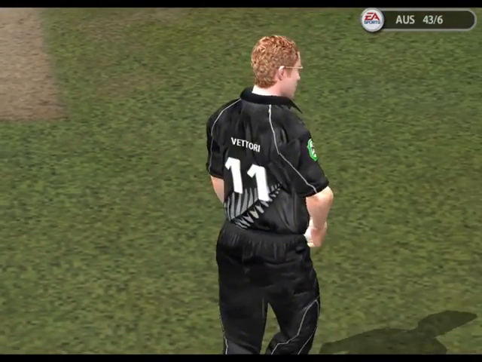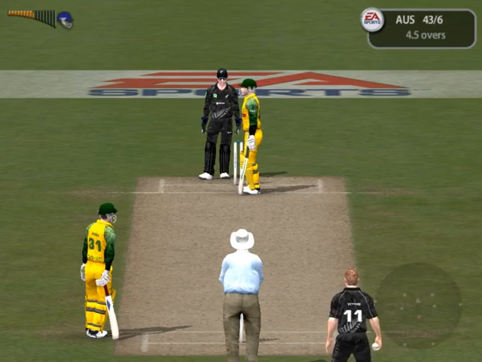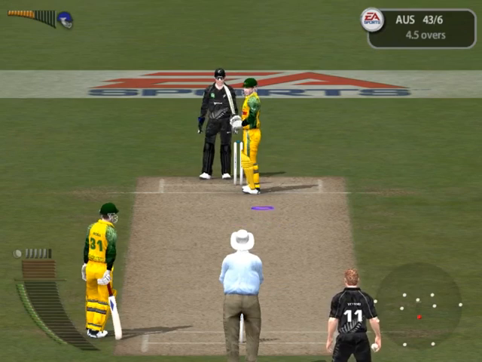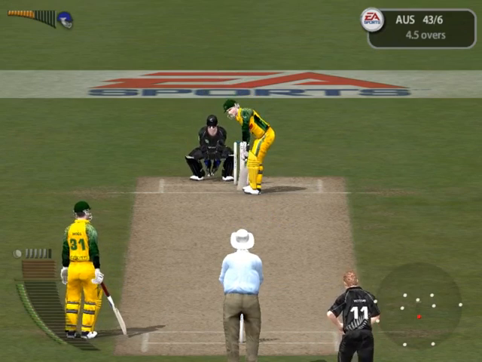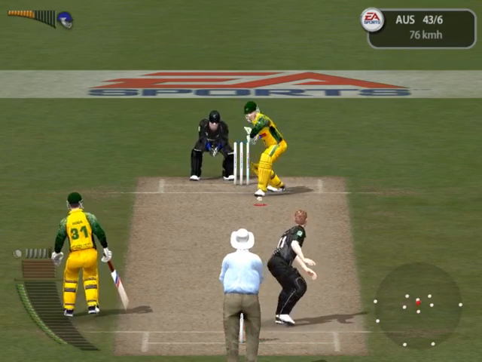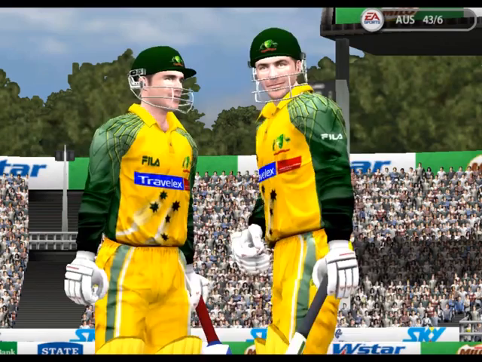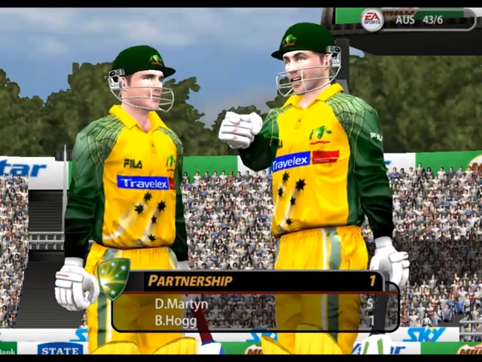Australia are 6 for 43. Martin waiting at the striker's end. Vettori had the batsman in trouble with that one. That's the end of the 5th over.